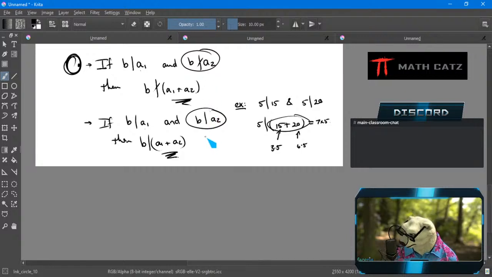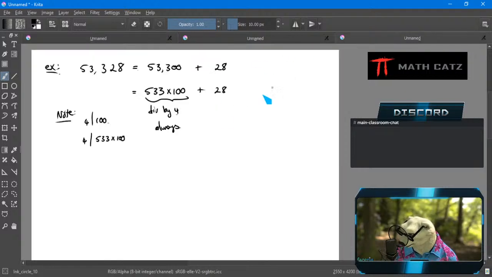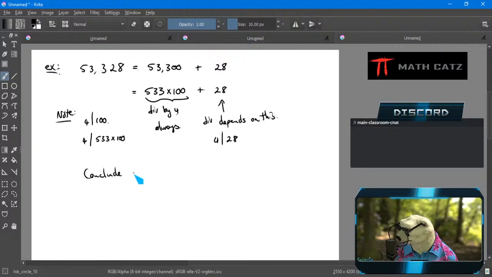That's what this is saying. So divisibility by 4 into this original number will depend on this second part only. And in this case, this is just one example. In this case, 4 divides into 28, and so I can conclude that 4 will divide into the original number.